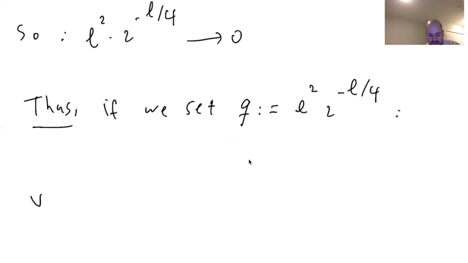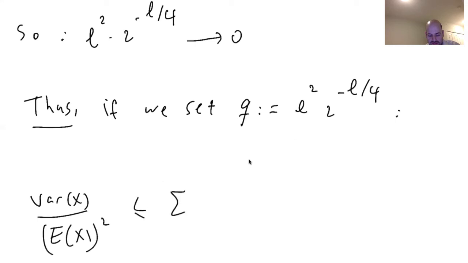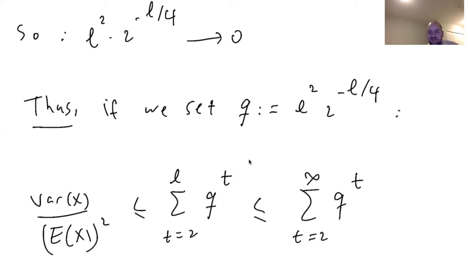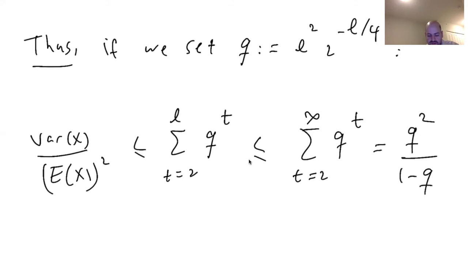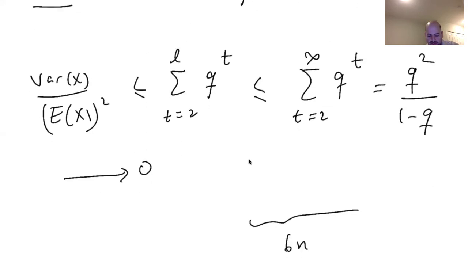So variance of X over E of X squared will be less than or equal to the sum of q to the power t, t from 2 to L, which is less than or equal to the sum of q to the power t, t from 2 to infinity, of course. And this is what? By the geometric sum formula, q squared over 1 minus q, which goes to 0 as n goes to infinity.